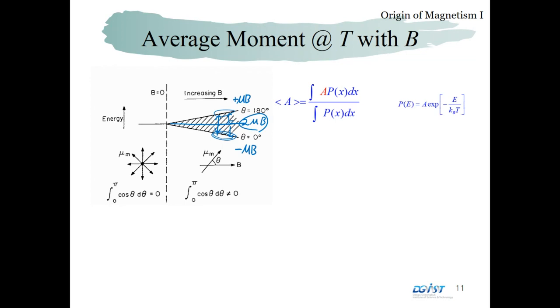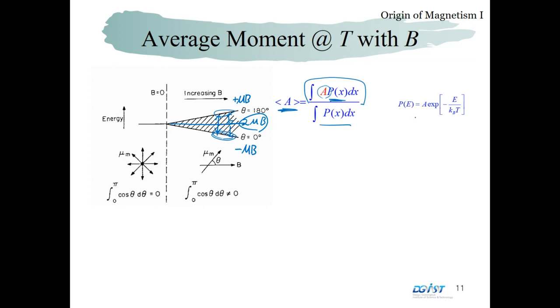If you want to take the average of some physical quantity in a certain probability distribution, what we have to do is take the integral of this physical quantity with the probability function. And this is the normalization factor.